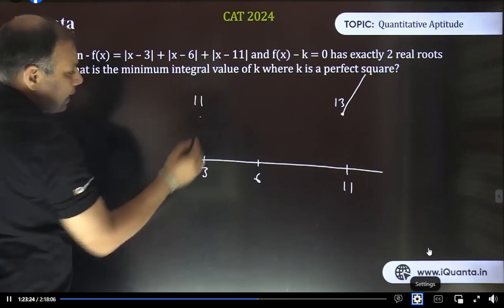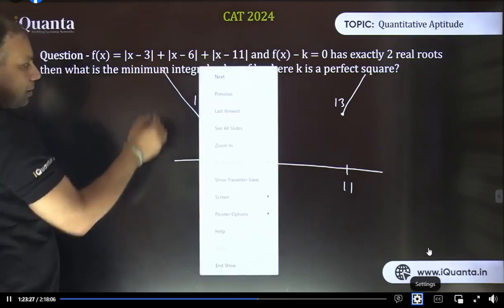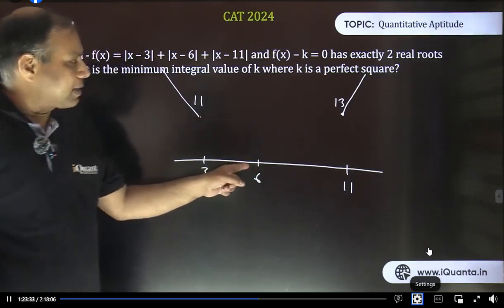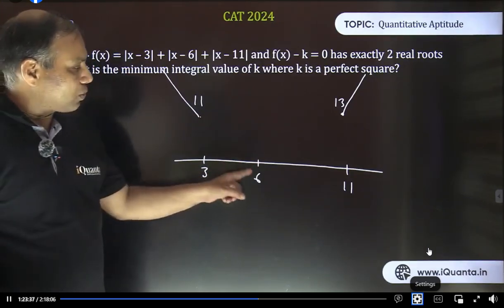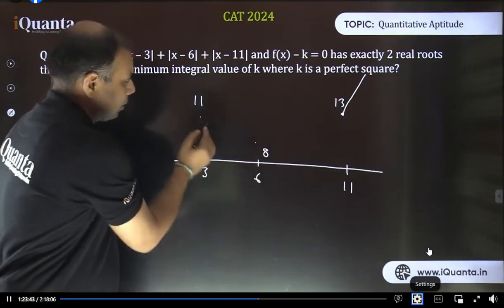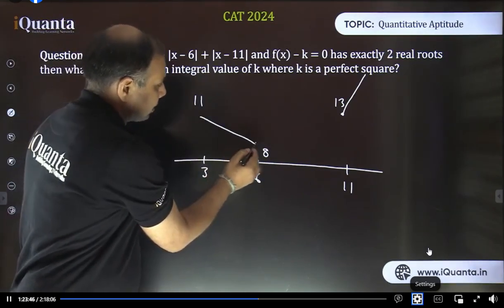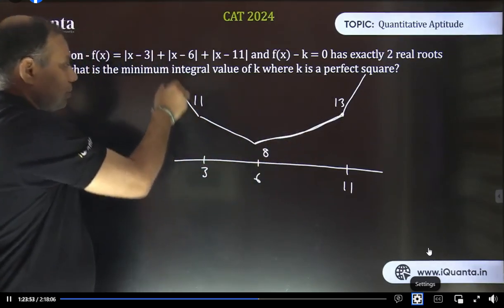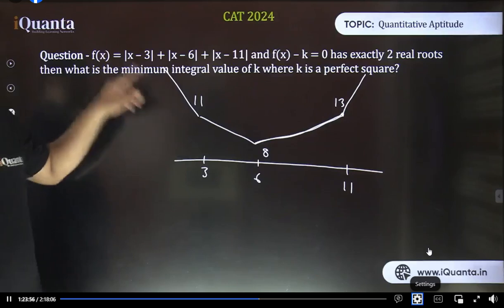So this is 11. And again, it will be rising at the same pace. Because whenever they are to move one step behind, all 3 need to move. And at this point 6, when all of them are assembling, the distance to be traveled is 3 plus 5, that is 8. So this is 8. So the graph is something like this. These are straight lines here, like this. Fine. So this is the graph of fx.